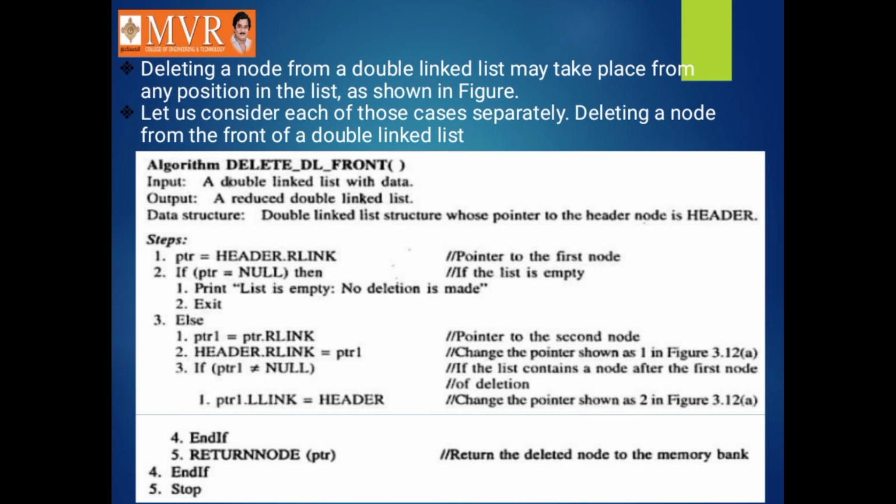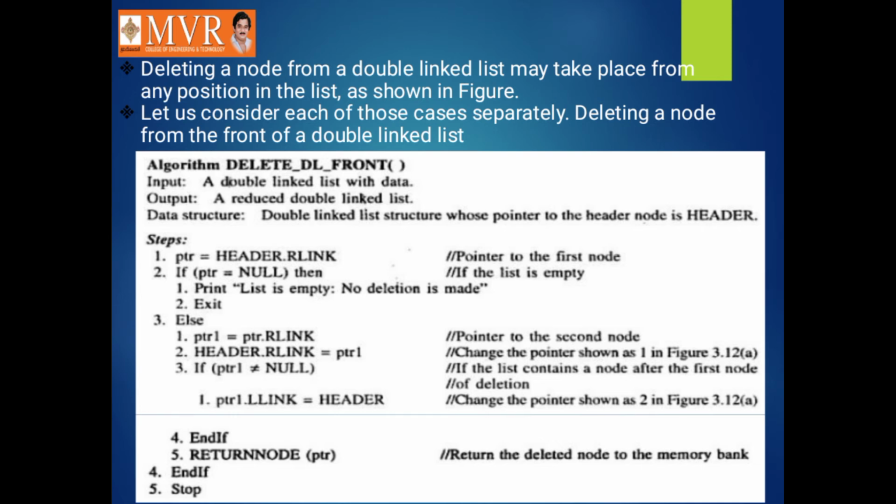to that memory address location and then traverse to the next location and delete the previous node. That is, we will place two pointers, ptr and ptr1. ptr1 will be pointing to the second node in the linked list, and ptr will be pointing to the node to be deleted.